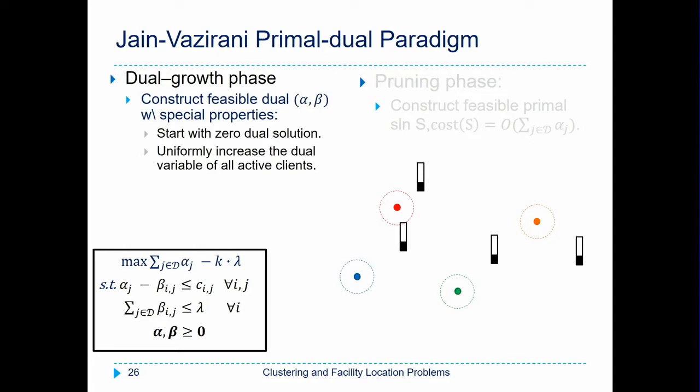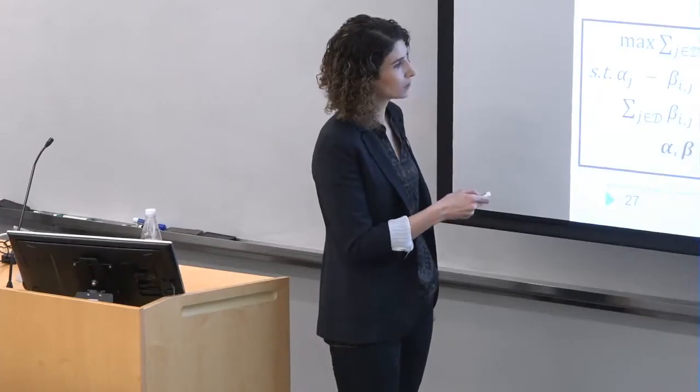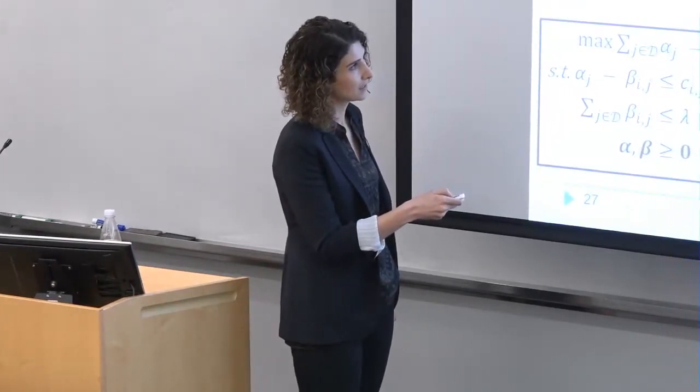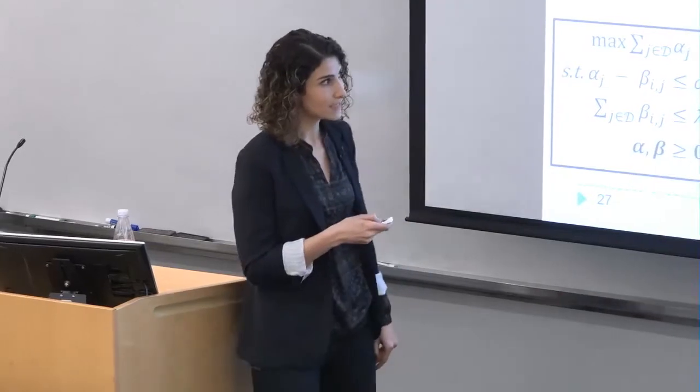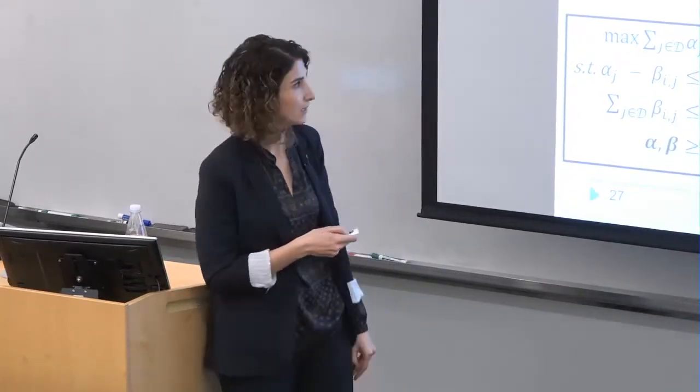So we start increasing the alpha j of all clients at a uniform rate. We increase it until, say, a client's alpha j is enough to reach a facility, which means that this inequality becomes tight. So alpha j becomes equal to Cij for this red client and this facility i. When this happens, we start contributing toward the opening cost of the facility.